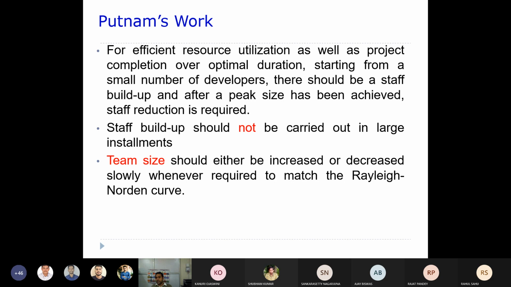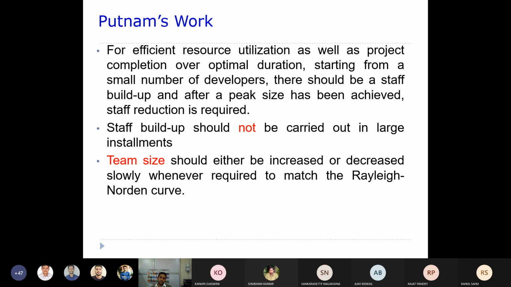You can think of it like this. During requirement analysis, let's say you have recruited almost whatever number of staff you want throughout the project. Then what will happen? They will be sitting idle, not doing anything, because only the analyst or one or two developers will be part of the requirements phase, and the others will be sitting idle. As a result, we are wasting our resource, human resource.